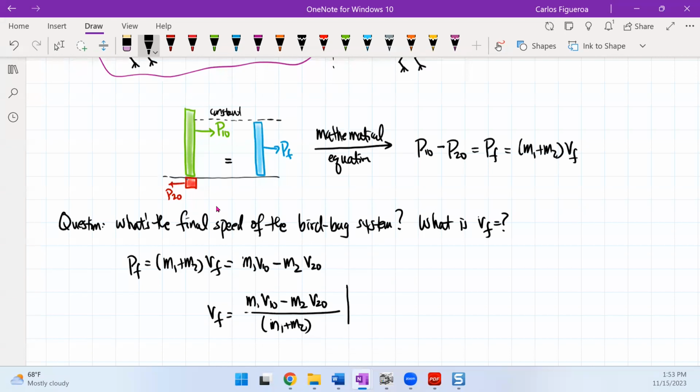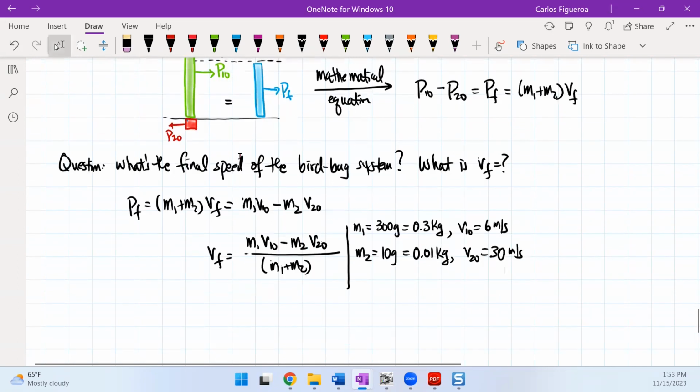If I look at my numbers, my bird here is 300 grams or 0.3 kilograms. It has an initial speed of 6 meters per second going to the right. My bug is only 10 grams, which is a factor of 30 smaller, and that's 0.01 kilograms. Its initial speed is 30 meters per second.